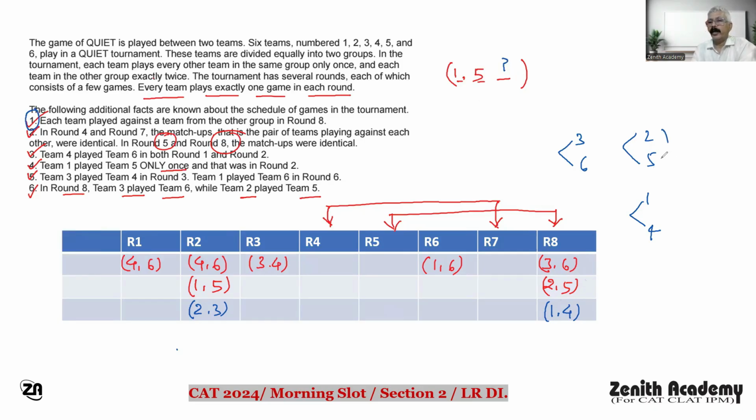And here 2 and 5 are not in the same group. It means 2 will be here. And 3 and 6 also are not in the same group. 1 and 4 are not in the same group. So 1 is here, so 4 is going to be here. Right?